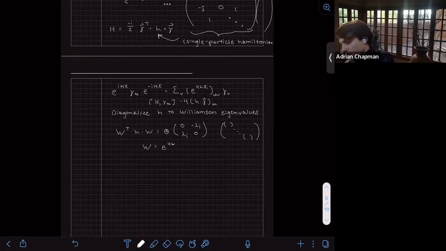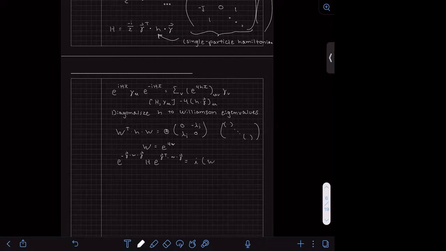Then by conjugating h by the same exponential, but for little w, now defined with respect to the Majorana modes as the coefficient matrix of Majorana modes, this gives something like this.